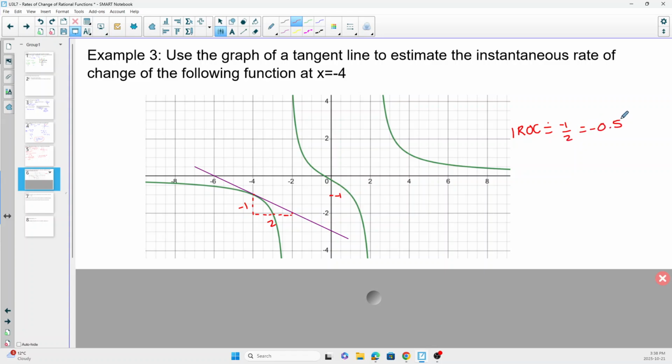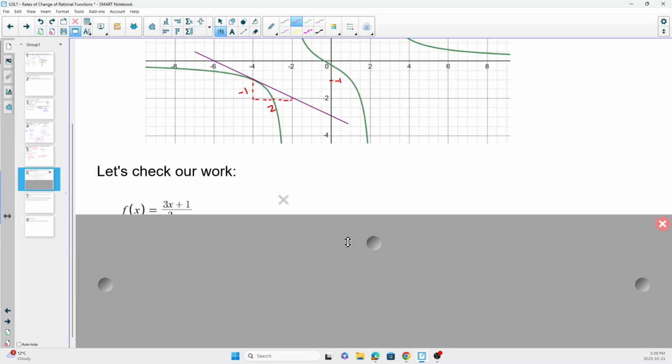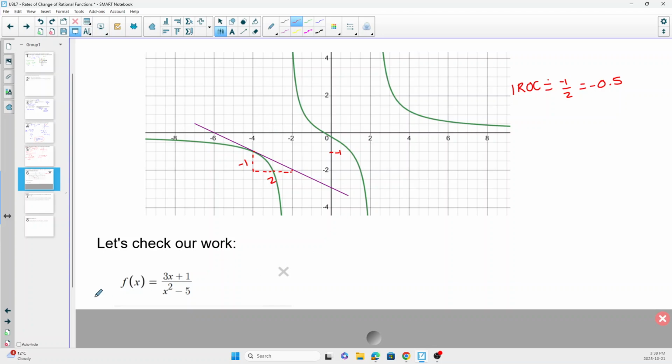Now, I hope that you understand that from the graph, this is not as accurate as it could be if we had the equation. And I'm just going to show you the equation of this and the estimated instantaneous rate of change at x equals -4. So there's the function that is displayed here. F of x is equal to (3x plus 1) divided by (x squared minus 5).